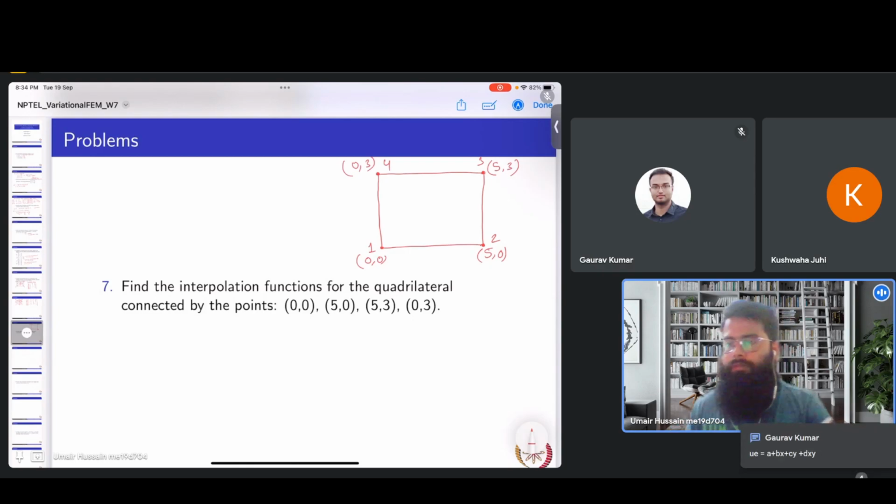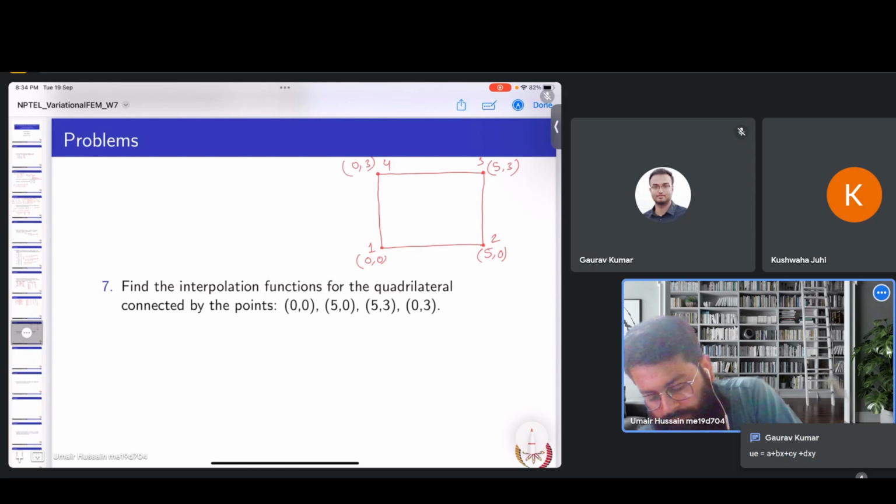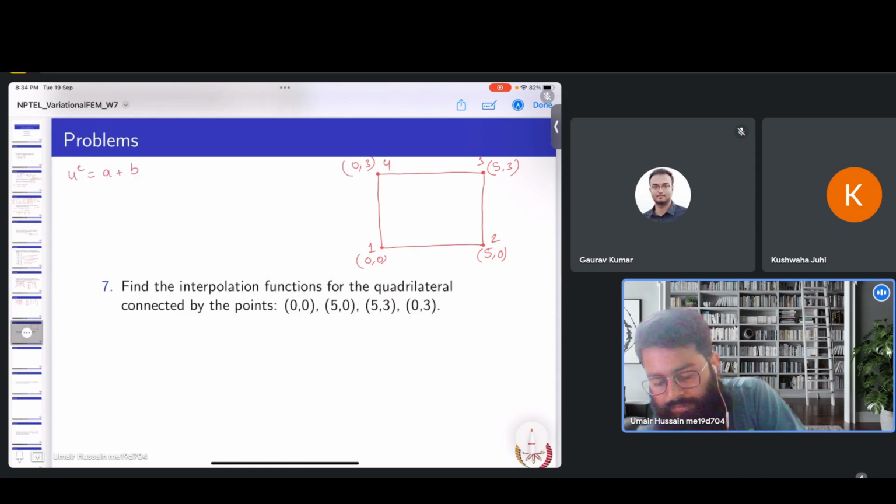Yeah, that's right. We write the approximation with four unknowns: a plus bx plus cy plus dxy. And this can also be written as u1 psi1 plus u2 psi2 plus u3 psi3 plus u4 psi4.